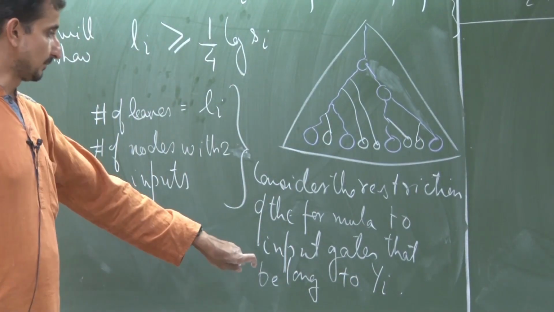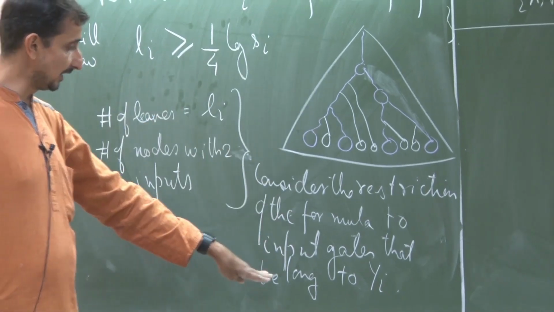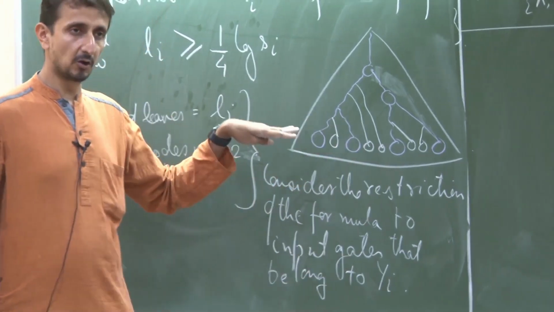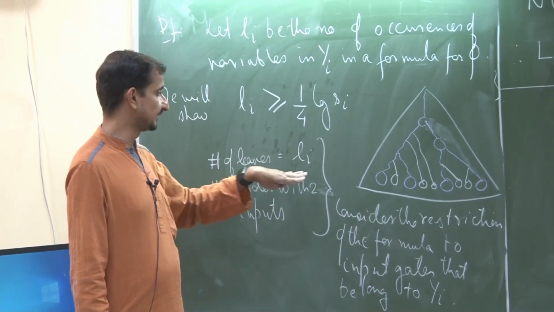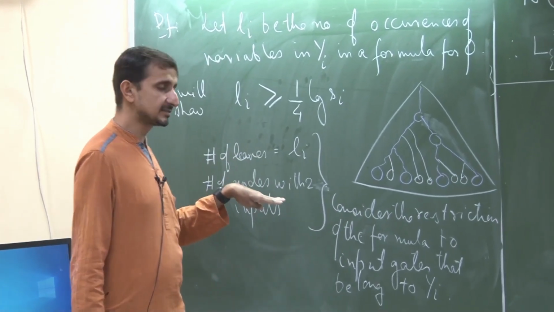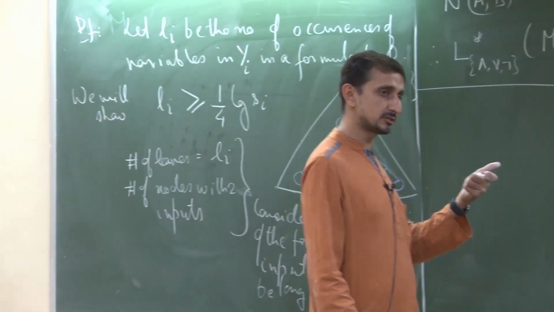Okay. So, I am considering the restriction of this formula to the input gates which belong to yi, and in this formula I am counting how many leaves are there, Li, and how many nodes are there which have 2 inputs.